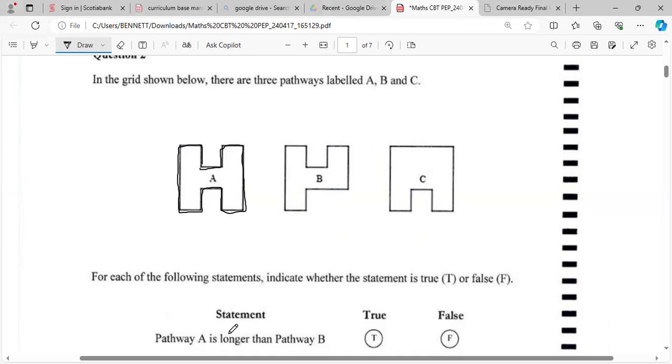And then I look and I see pathway A is longer than pathway B, and I say, yeah, they're definitely comparing the lengths. So let me know if that's your interpretation and how would you guys figure it out.